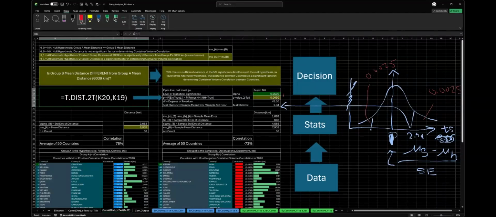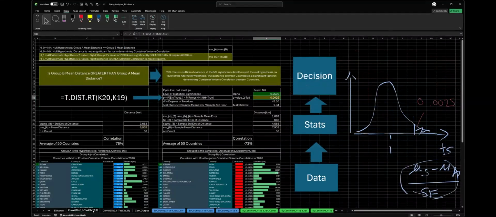Together they get 0.0050. Anyway, much less than the 5% level of significance, which is the alpha over here. So this is the two-tailed test, and the other tab is the one-tailed test.